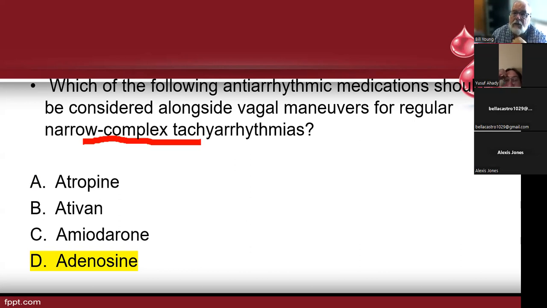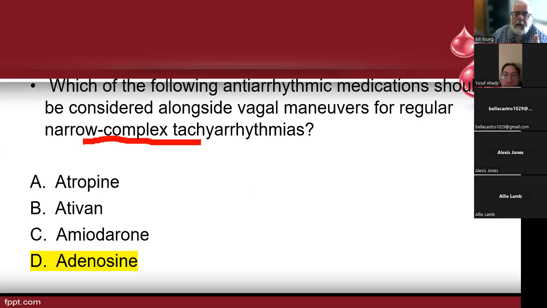Now, Alexis, let me ask you a question. What's going to happen if you are looking at a rhythm and you're not entirely sure as to whether this is a narrow complex or not, and you give adenosine when in reality it's a VTAC.